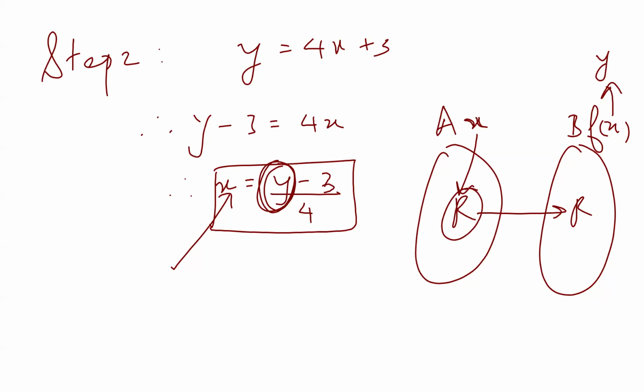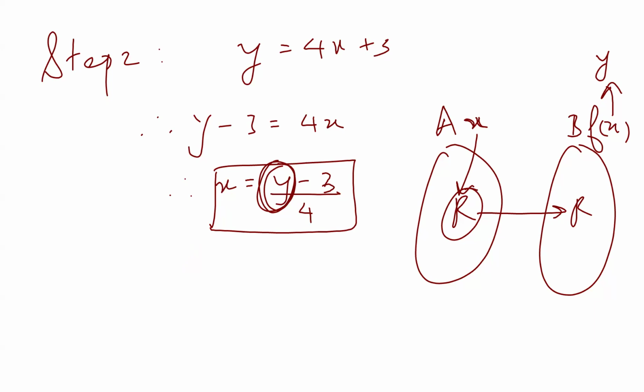So for every real value of y, there will be a real value of x. So for all objects in the codomain, there will be a pre-image in the domain.